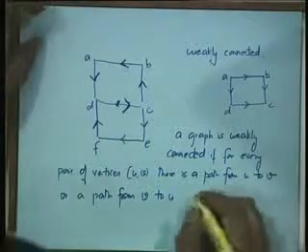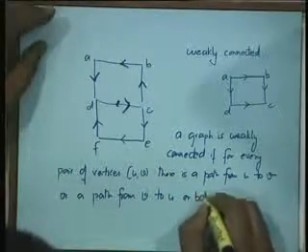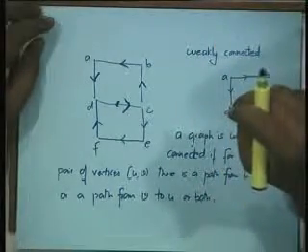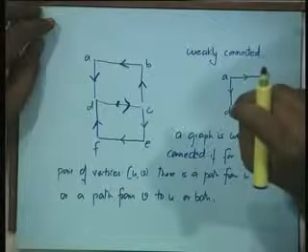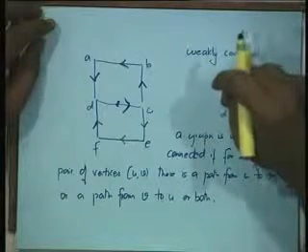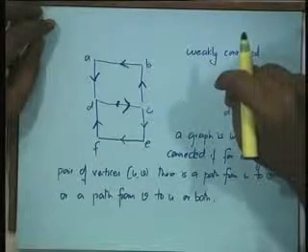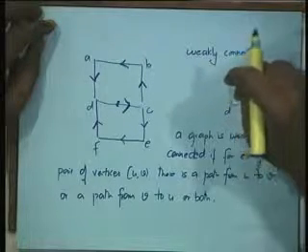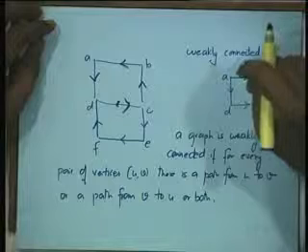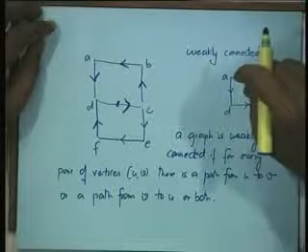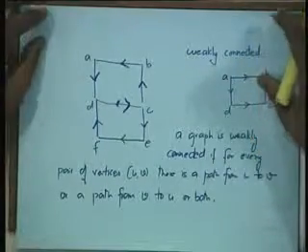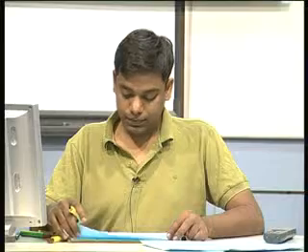If both the paths are there, it's okay. And this should be true for every pair of vertices. Right? This should be true for every pair of vertices. Then we will call that graph weakly connected. Right?